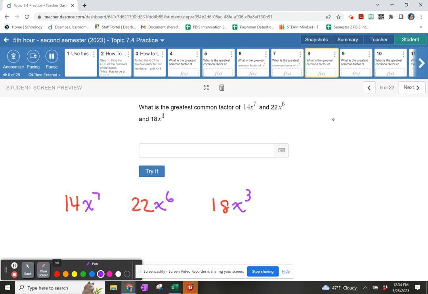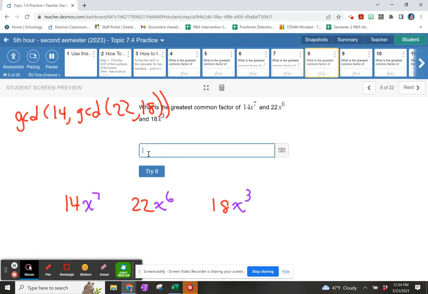So to find the greatest common factor of just the numbers, you put that into the calculator. And when you do, I believe it's 2, so we'll check that out in a minute. Then you have to look at the variables.